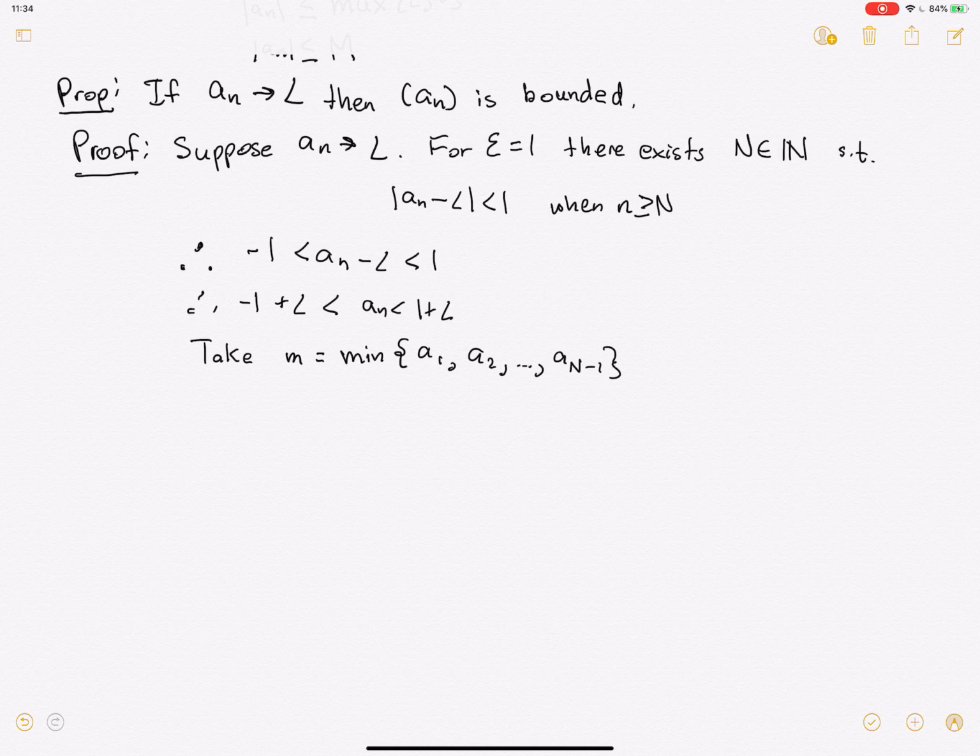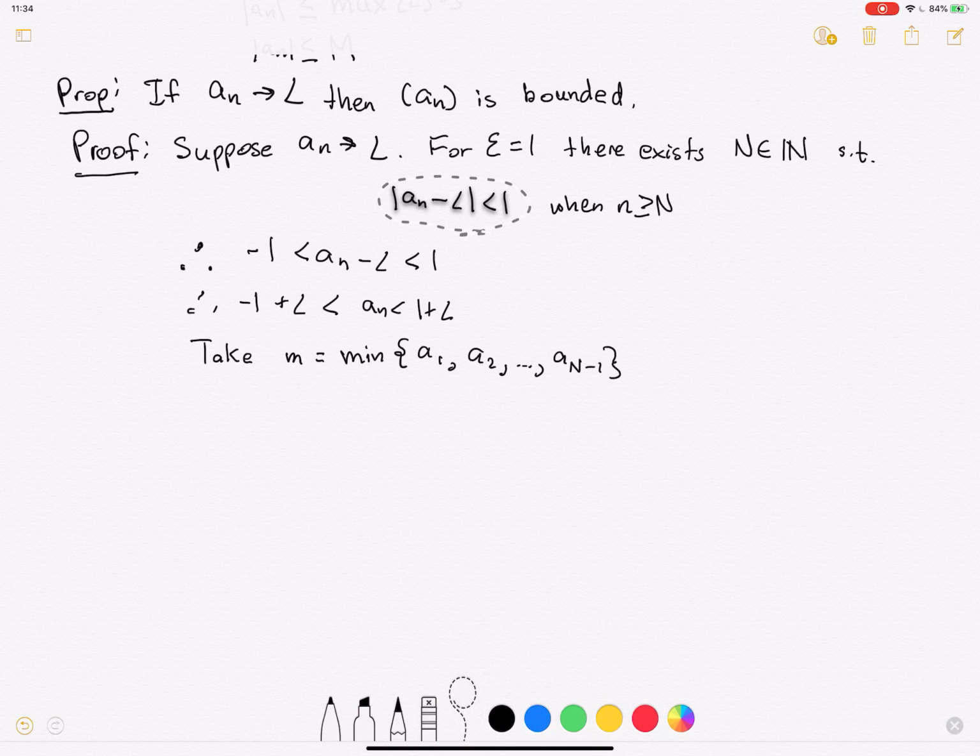So these are the ones that don't satisfy this. So there's some in there that are greater than or equal to 1.